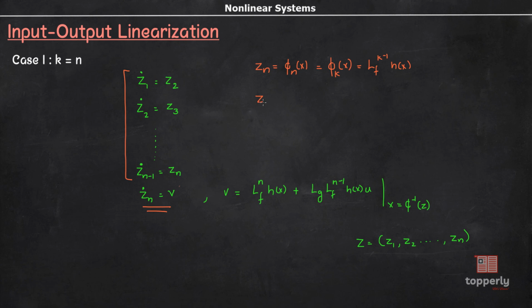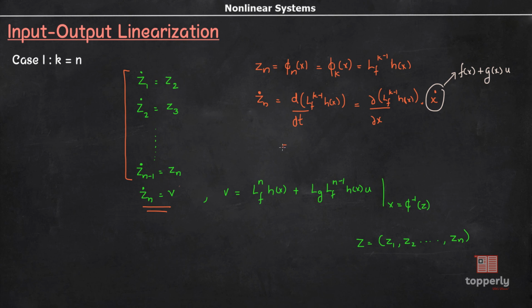Now if we take the derivative of zn, zn dot is equal to d by dt of Lf^(k-1) h of x, and this is dou by dou x of Lf^(k-1) h of x into x dot, and we know that x dot is equal to f of x plus g of x into u.